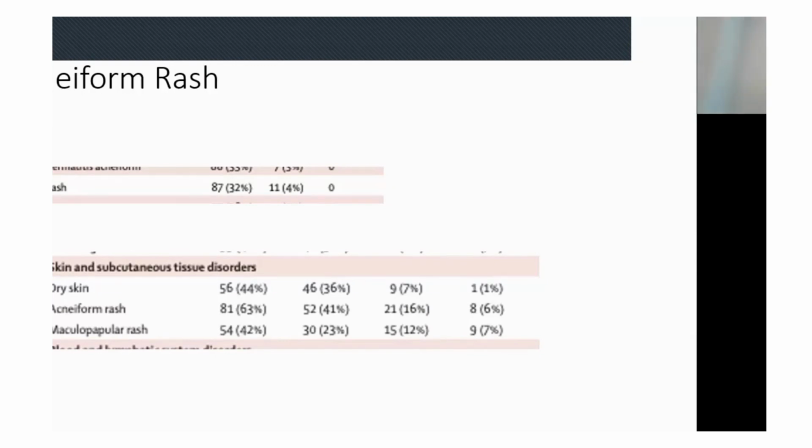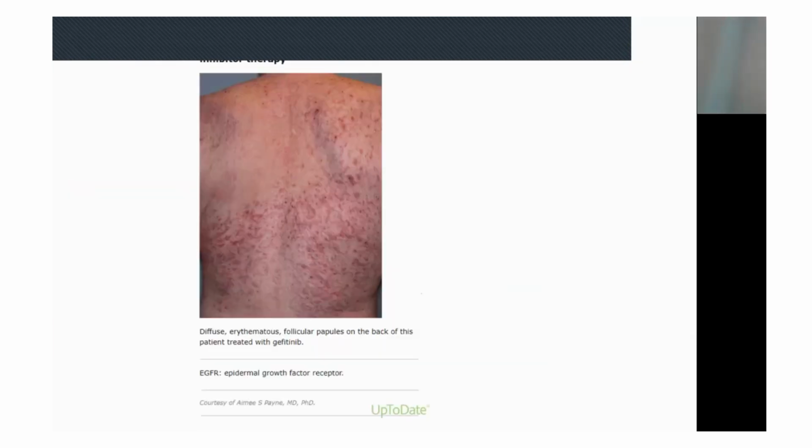And this is actually a picture just so you can kind of know what it looks like. So this is someone's back who's got a relatively diffuse process. This is involving a decently large amount of body surface. I'm sure all of you came here so that you could see pictures of rashes. But this is what the rash may look like. It can also occur on the face and other parts of the body.